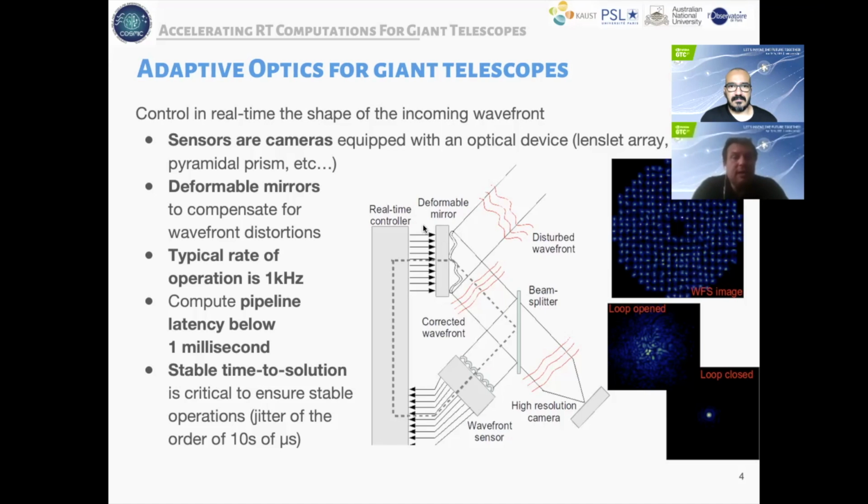So it means that the compute pipeline latency should not go beyond 1 millisecond. In fact, it should be a fraction of this 1 millisecond envelope. And most importantly, the time to solution must be extremely stable to ensure stable operation of this closed loop system. We call this jitter, and this jitter should be of the order of tens of microseconds or less.